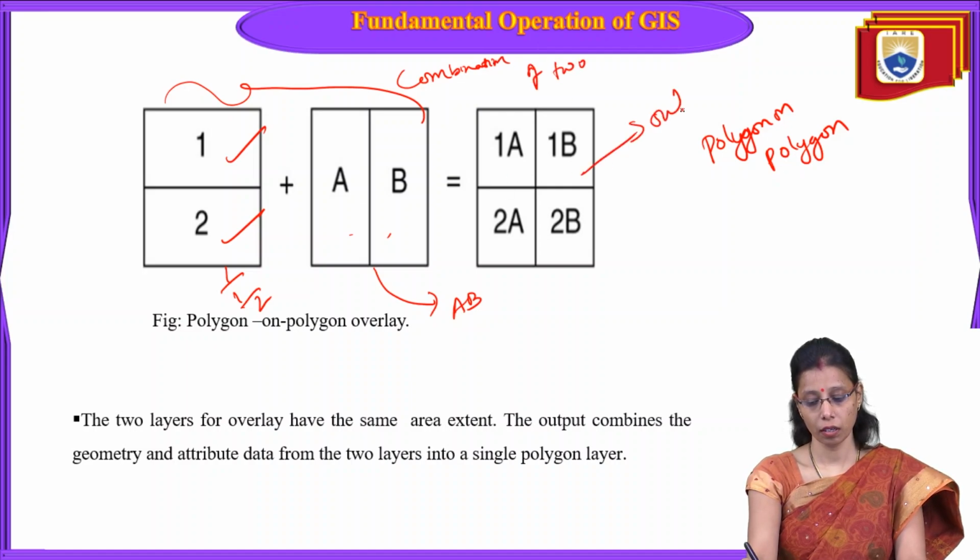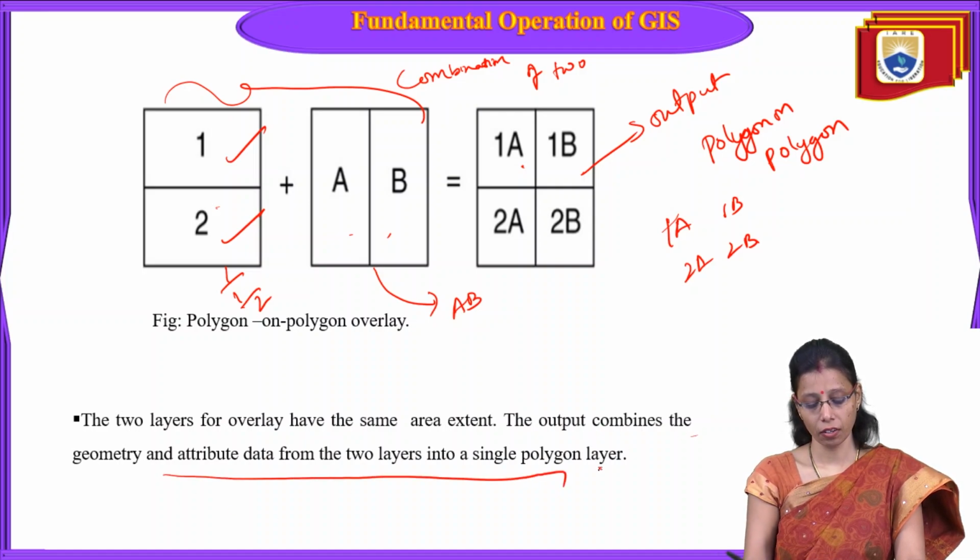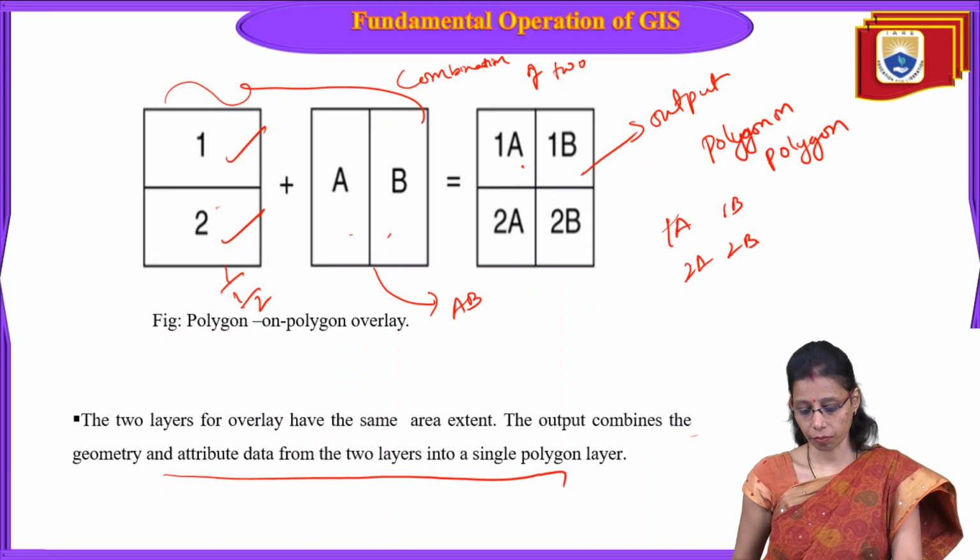So this is the output. This you have overlaid on this. So finally what you got? 1A, 1B, 2A, 2B. Okay, so this is how we get it. The two overlay layers have the same area extent. The output combines the geometry and the attribute data from the two layers into a single polygon layer.